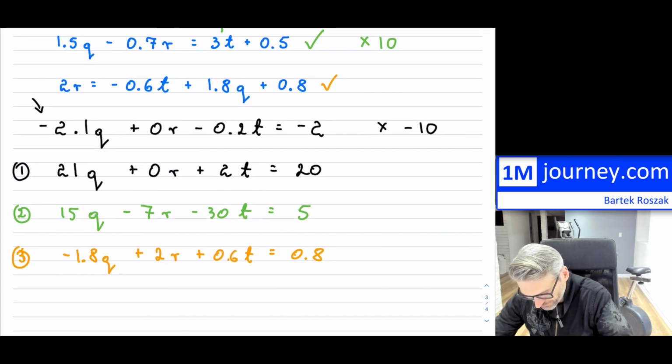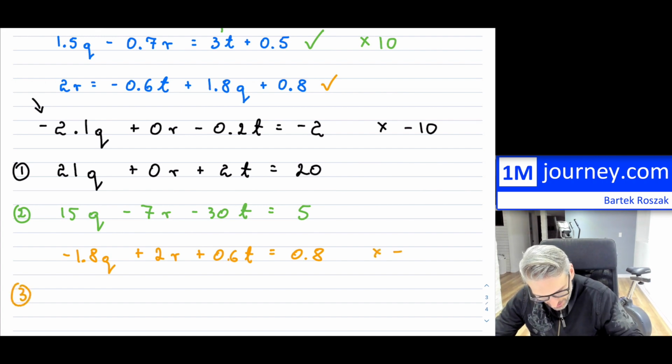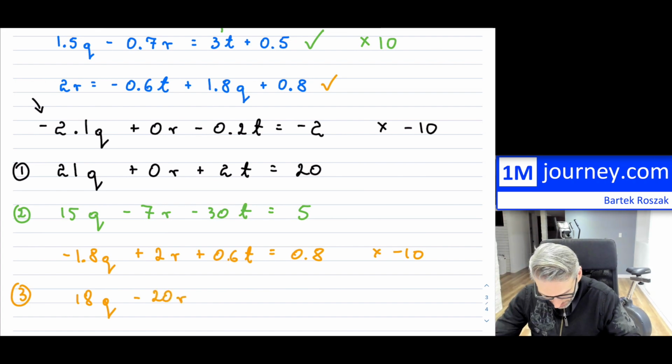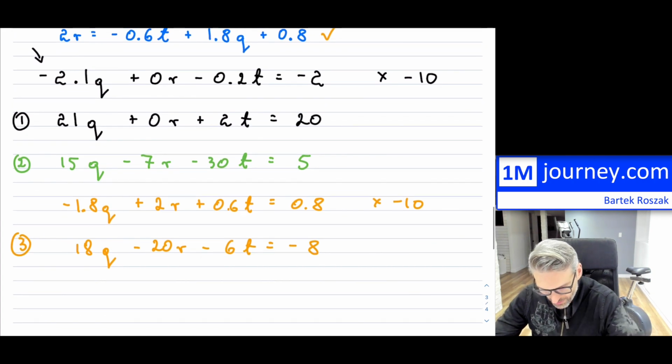All right, let me get rid of this. And now I'm going to multiply by negative 10. So that's going to be 18q minus 20r and then minus 6t, and then minus 8. So those are going to be my equations.